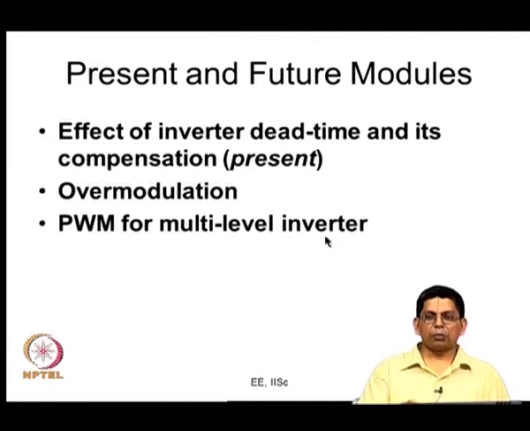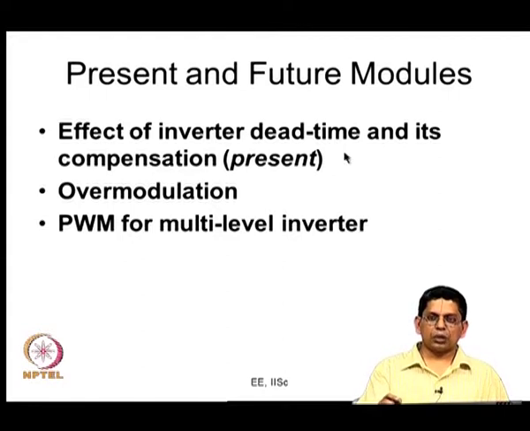Doing it would be a test of whether we have understood the previous issues clearly. All that we have been doing with 2 level inverters is extendable to a 3 level inverter. We just need to know how exactly to do that, including today's discussion, which is really dead time.